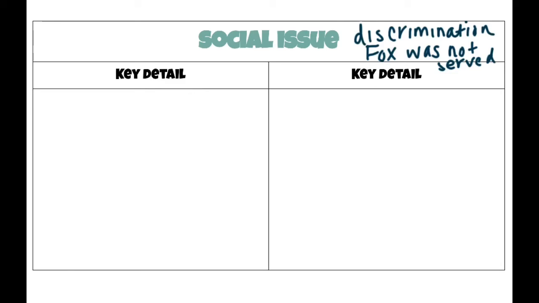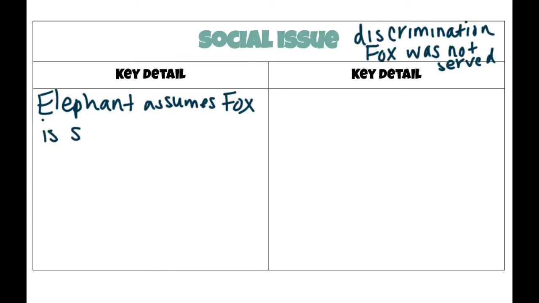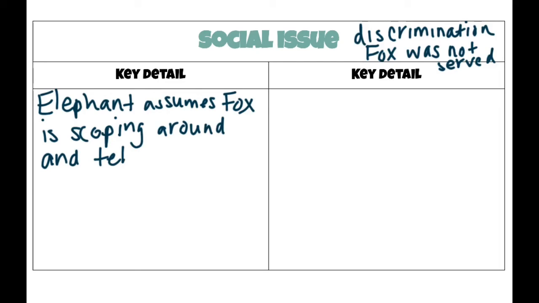So one of the key details in the beginning, the elephant assumes fox is scoping around and tells him to hit the road.